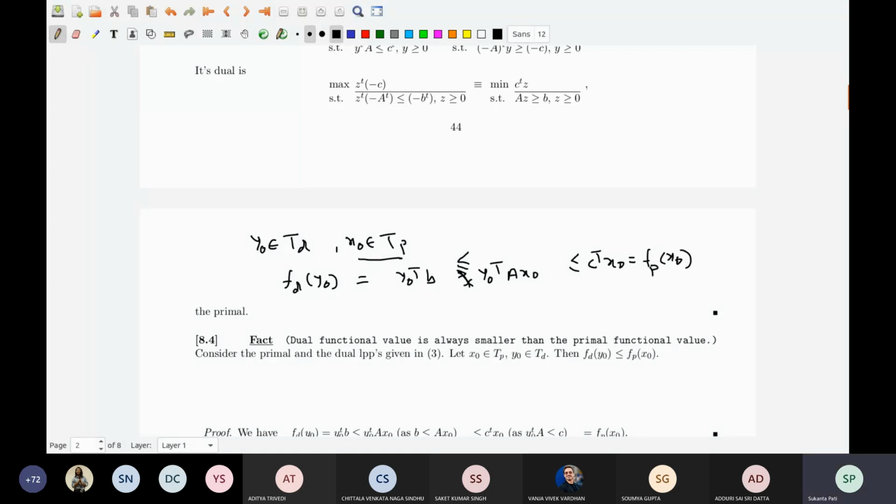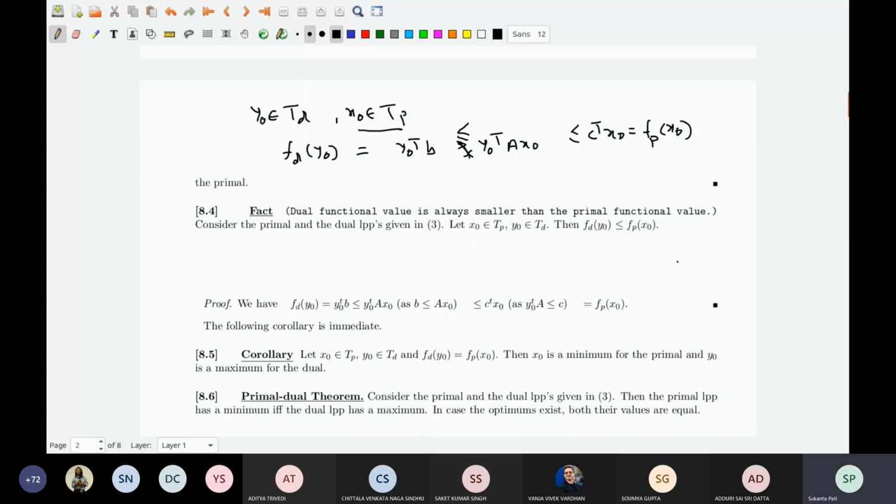So what it says now, imagine the primal feasible set. Choose any point and evaluate the primal feasible function. That will be greater than or equal to the dual feasible function evaluated at any point in the dual feasible set. That's what it says.